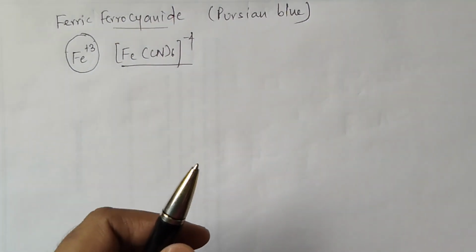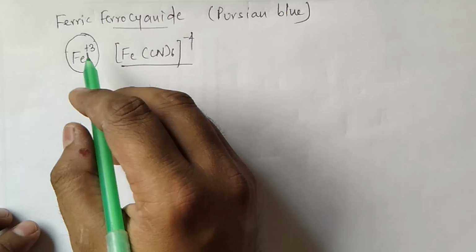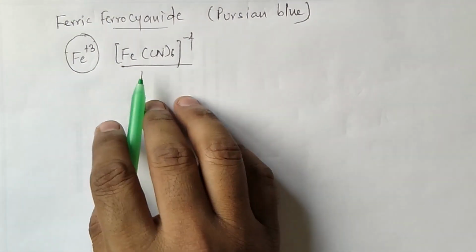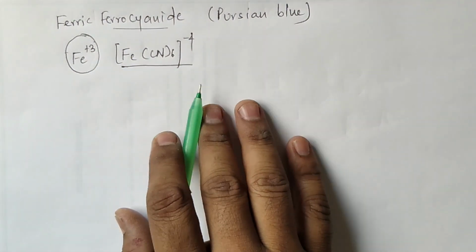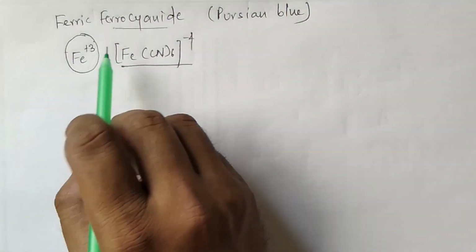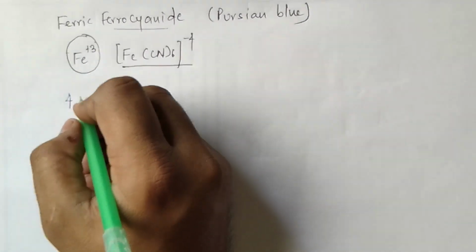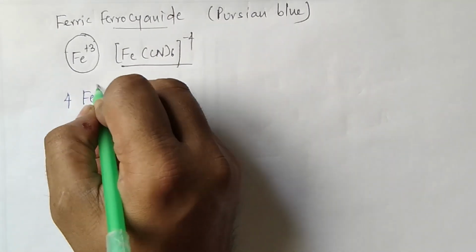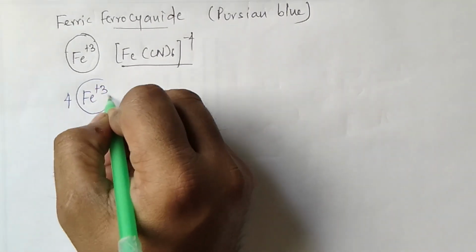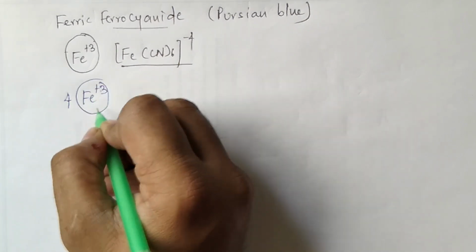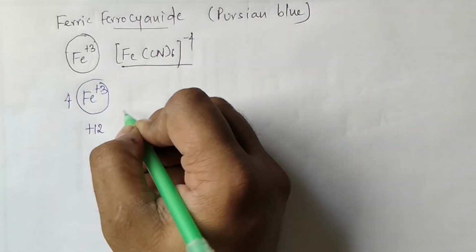Fine. Now if we need to balance, if you see carefully, the compound must have no charge. That means it should be electrically neutral, that means the charge must be balanced. So for that, what do I need? I need 4 radicals of Fe+3. So the total charge, 4 3s are 12, will be +12.